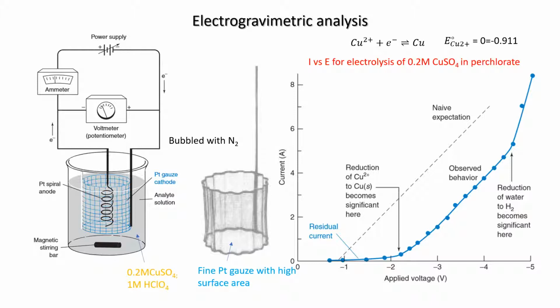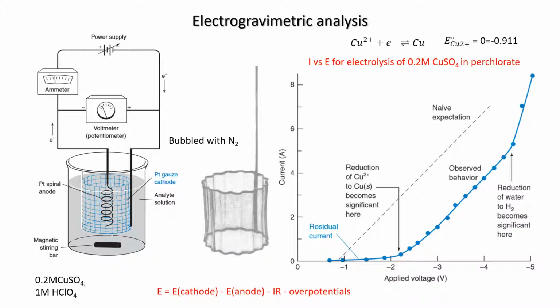Approaching -5 volts reduction of water occurs, showing a sharp upturn in current as it becomes feasible, and this overwhelms the current from copper reduction.